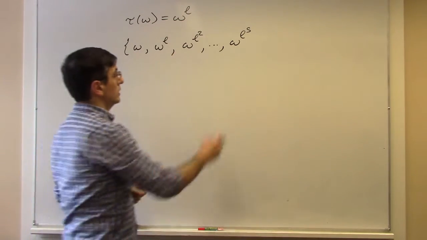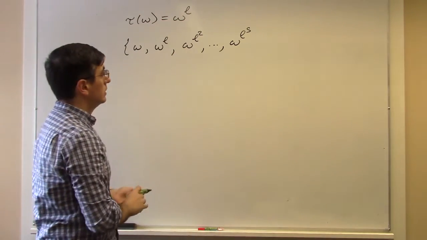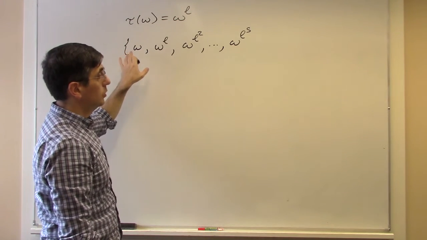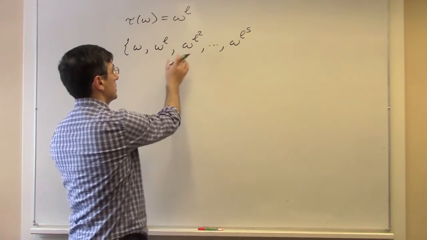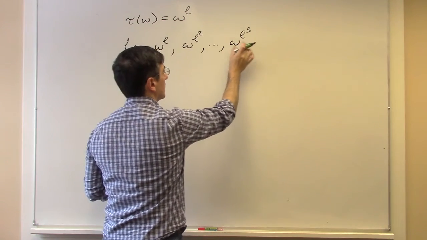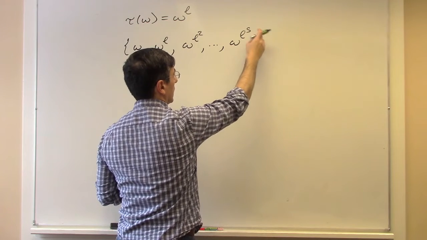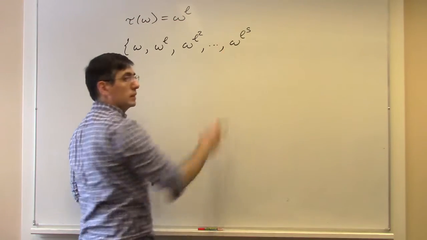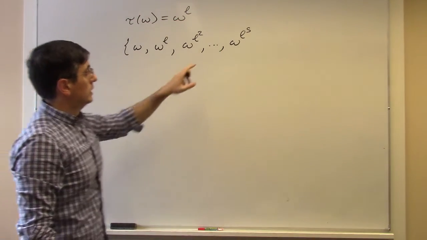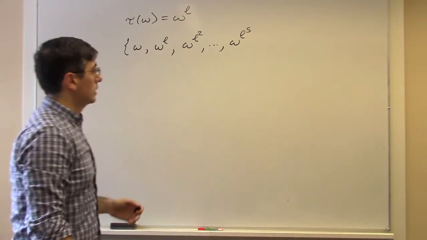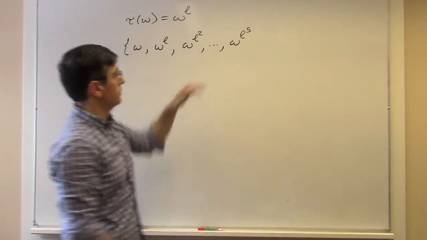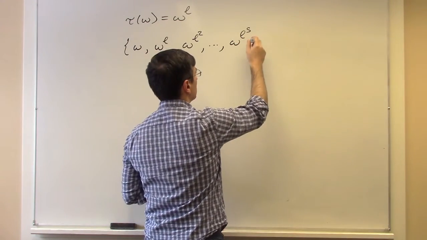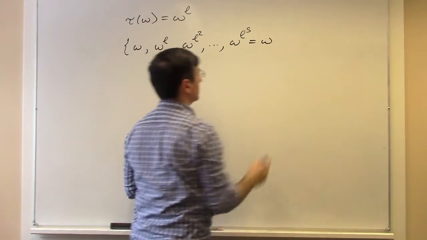Eventually, you cannot be getting different elements every time, so eventually you will have to get omega back. If you get something else, if omega^(L^s) equals omega^(L^k) for some k smaller than s, then you simply divide by the power, and you get that something smaller is equal to omega.